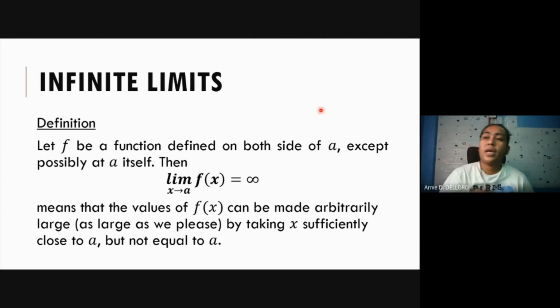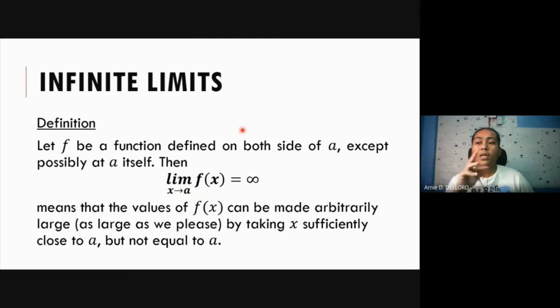Kasi yung a natin dito sa formula ng limit actually tells us na possible na siya yung vertical asymptote or siya yung restriction ng function. Especially when we are solving infinite limits. Okay? At tandaan nyo, the rule applies also here na dapat yung limit from the right is equal to the limit from the left.